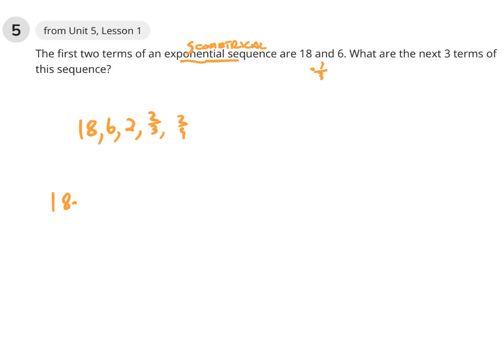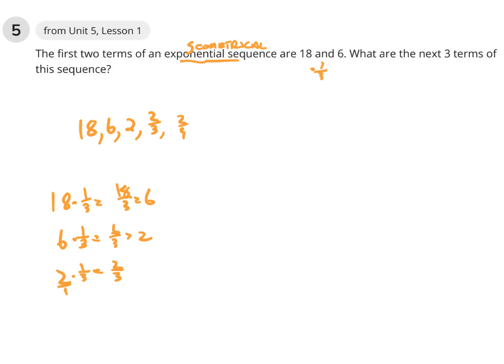So 18 times 1/3 equals 18 over 3, which is 6. 6 times 1/3 equals 6 over 3, which is 2. 2 times 1/3 is 2/3. Because when we multiply a whole number to a fraction, we put the whole number over 1.